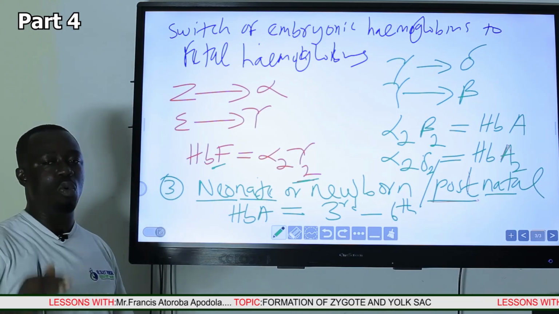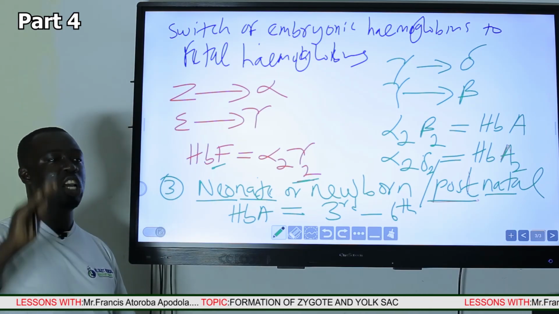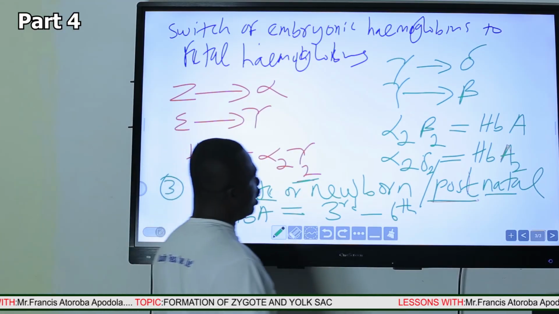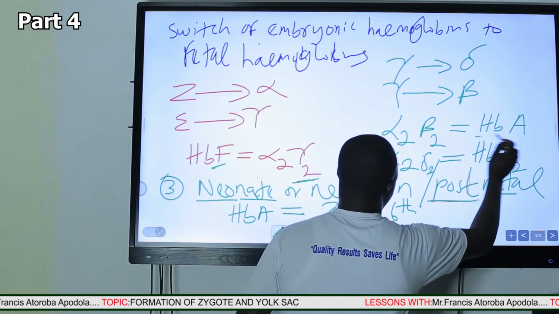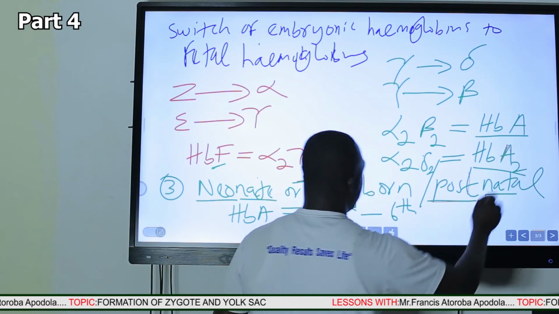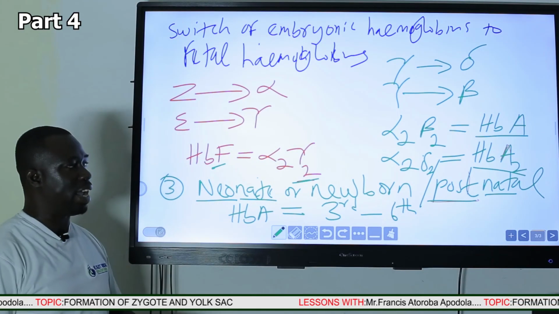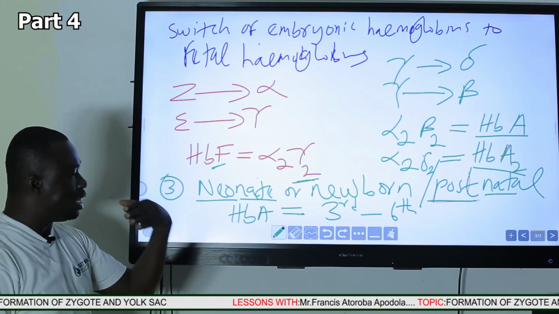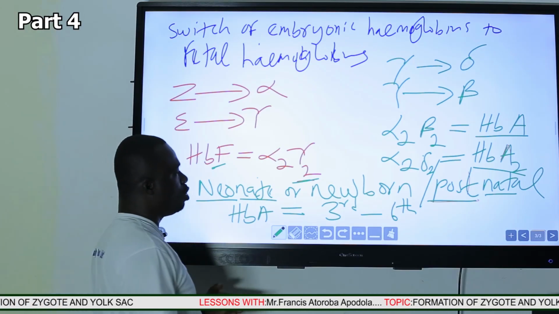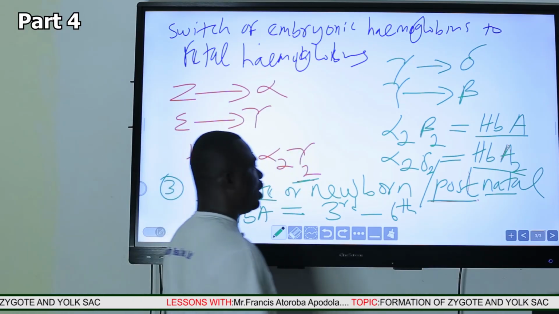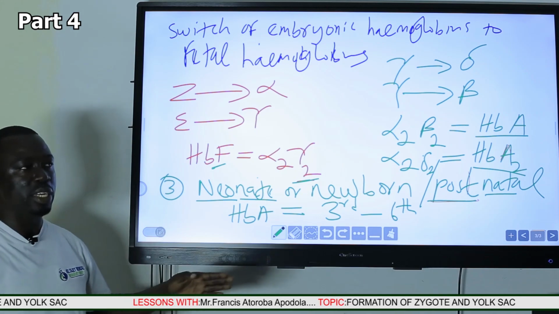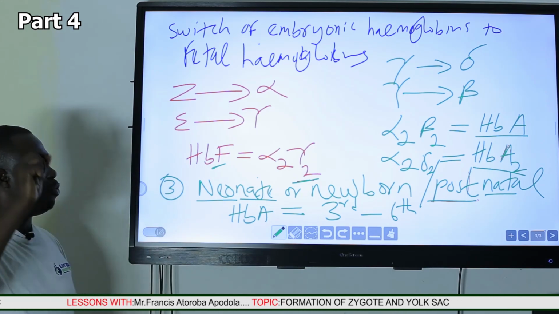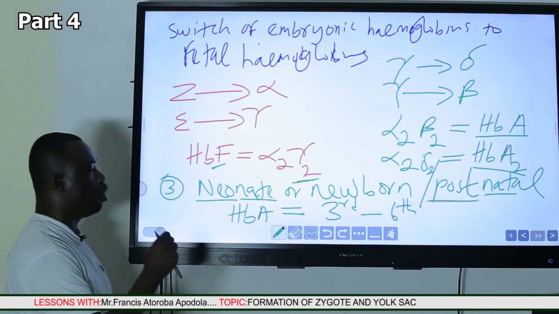We need lesser oxygen affinity hemoglobin molecules. And those are hemoglobin A, hemoglobin A2. And that explains why in the postnatal life of the newborn, the hemoglobin molecules produced during hematopoiesis are mainly hemoglobin A, hemoglobin A2, and a small percentage of hemoglobin what? F.